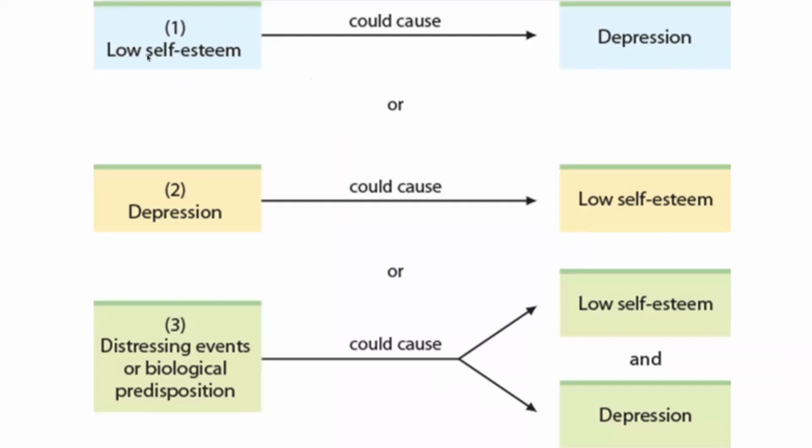You could think that low self-esteem can cause depression, or depression could cause low self-esteem, or there could be a third variable, where distressing events or biological predisposition could cause both low self-esteem and depression. Therefore, they are correlated.